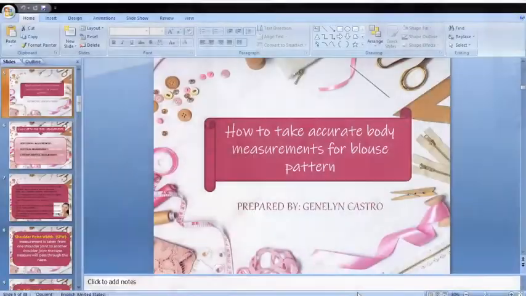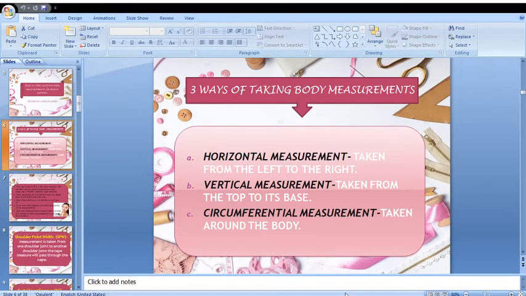In taking the body measurements, there are 3 ways. The first one is the horizontal measurement taken from the left to the right, then vertical measurement taken from the top to its base, and circumferential measurement taken around the body. Alright.